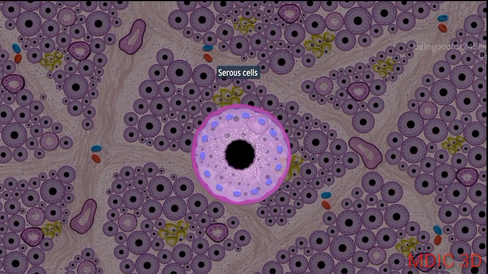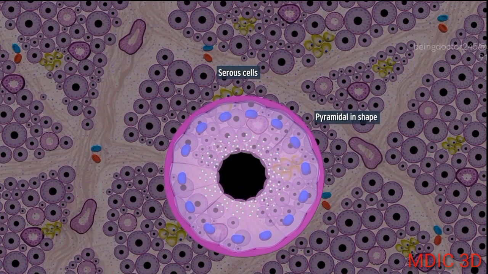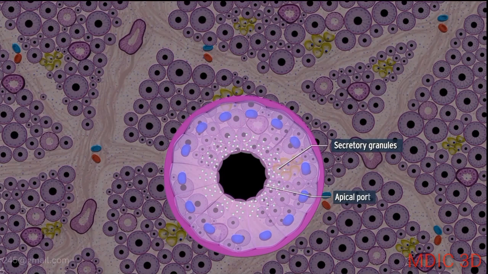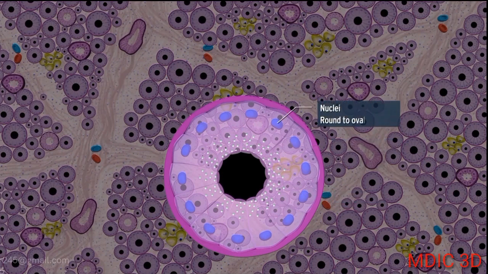The serous cells in the acini are pyramidal in shape and are arranged around the lumen. Small secretory granules can be appreciated at the apical portion of the cells. The nuclei are round to oval and are located basally in slightly basophilic cytoplasm.